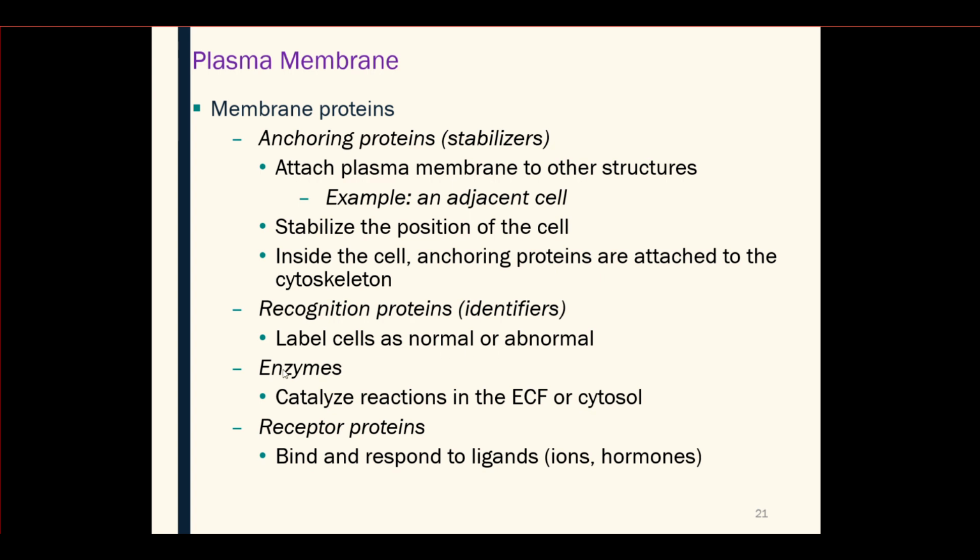Some proteins act as enzymes. Right? We know from previous lessons that enzymes catalyze chemical reactions. So there's different types of enzymes that can catalyze chemical reactions in the extracellular fluid, right? The fluid outside of the cell membrane, or chemical reactions inside the cell. That would be the cytosol or the intracellular fluid.